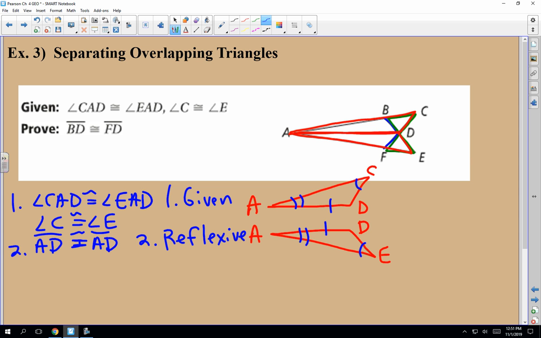AD is congruent to AD by reflexive. So then I can say that triangle CAD is congruent to triangle EAD. And that is by, it's looking like angle side angle to me here again.